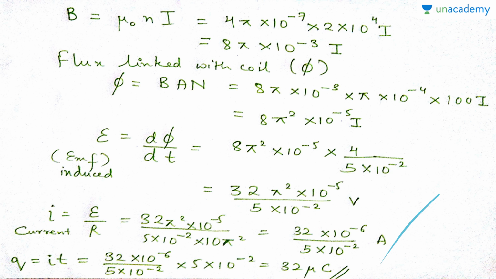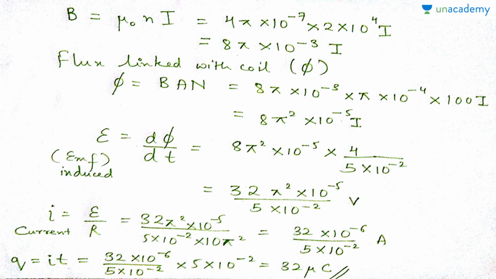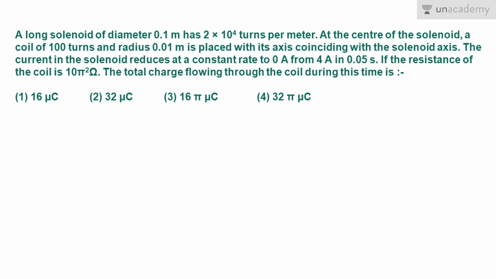Now what we need to find is charge, the total charge flowing through the coil. Now Q is equal to I t, basic formula. Okay, so I we have, time we have 5 into 10 to the power minus 2. This will get cancelled, so we have 32 into 10 to the power minus 6, that is nothing but 32 microcoulomb. So what is the answer?